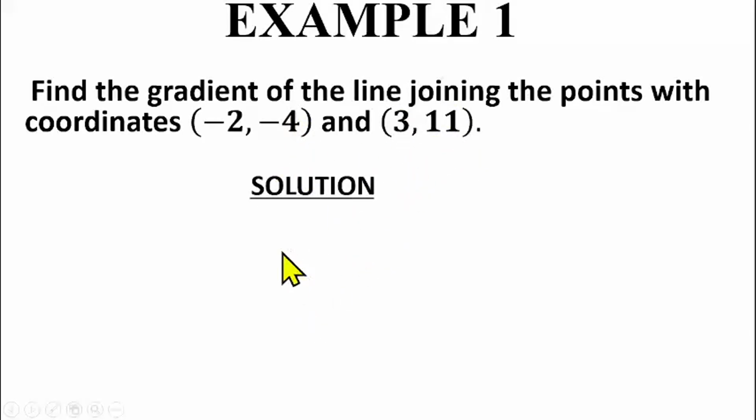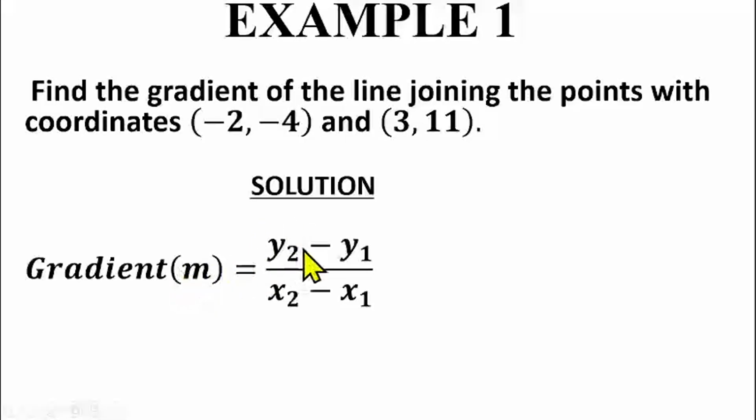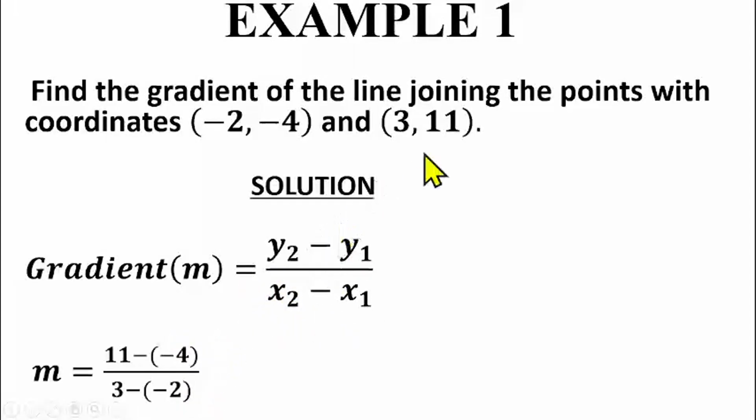So to find the gradient, you need to remember the formula, that will be y2 minus y1 over x2 minus x1. Then if you substitute these values into this formula, what do we have? Our y2 is 11, so we have 11 minus y1, which is minus 4, in bracket, over our x2 which is 3, and our x1 is minus 2.